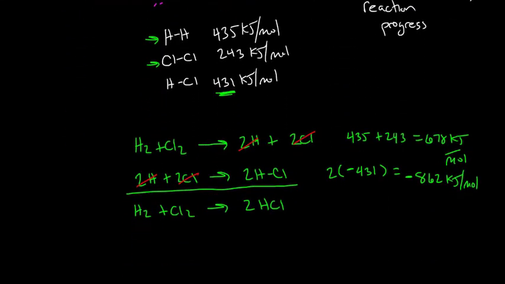So in this case, our overall enthalpy of reaction is adding up 678 and negative 862, giving us negative 184 kilojoules per mole. So this reaction is actually exothermic. Heat is released when this reaction happens.